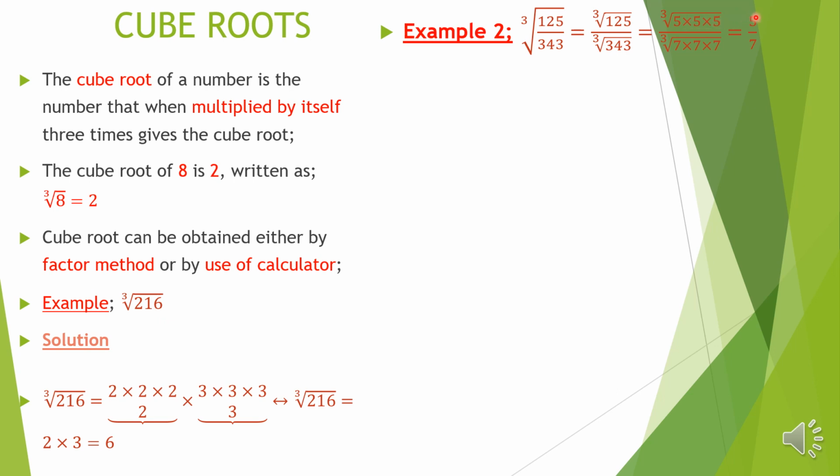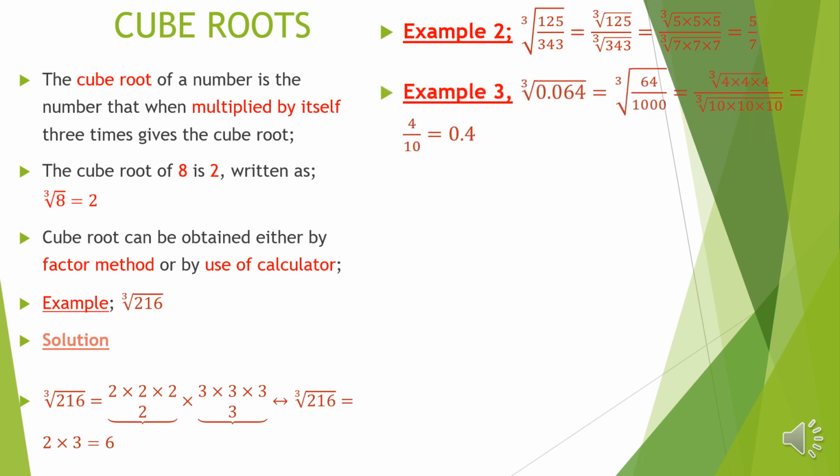Grouping into 3, we take 1 and get 5. Similarly, 343 is 7 times 7 times 7, and after grouping into 3 we take 1. Therefore, the cube root of 125 over 343 is 5 over 7.